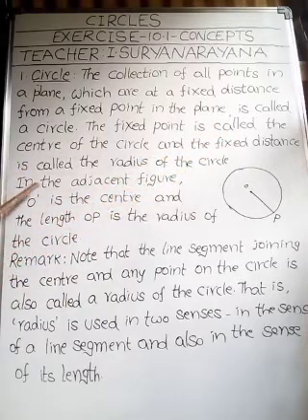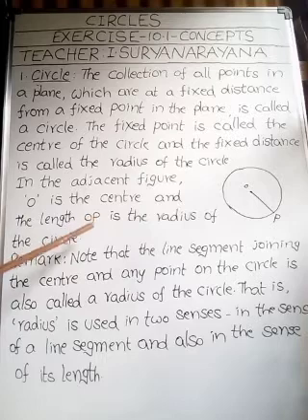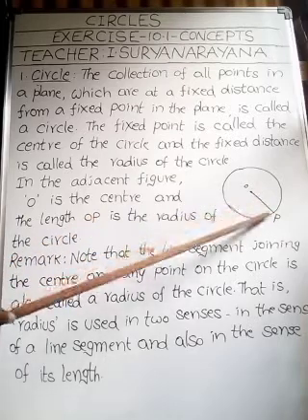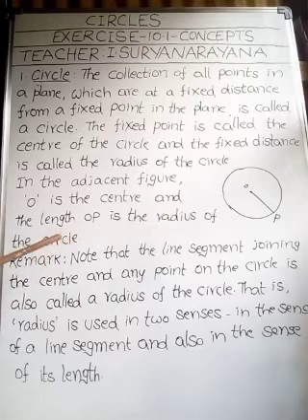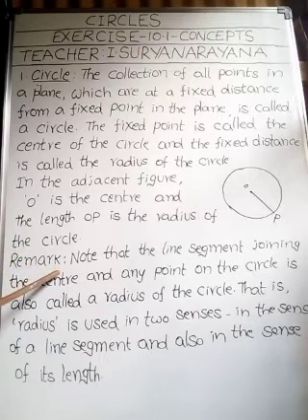Okay, my children. In the adjacent figure, O is the center of the circle and this length OP is called the radius of the circle. Now remark. You should remark this point.